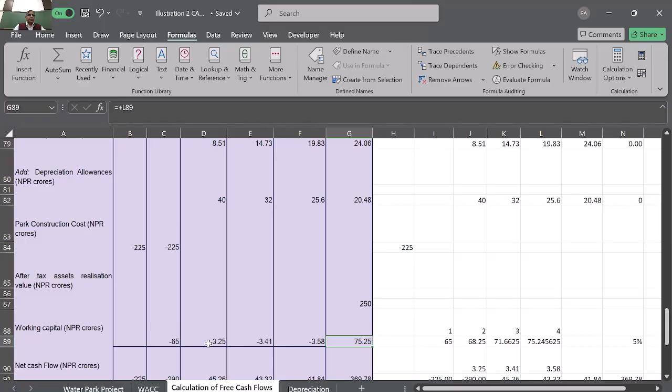Now inventory can be raw materials, spares. If it's a manufacturing company, then it can be finished goods. But before that, there will be work in progress also. The goods which are under manufacturing, which are on the shop floor, which have not been fully converted into finished goods.